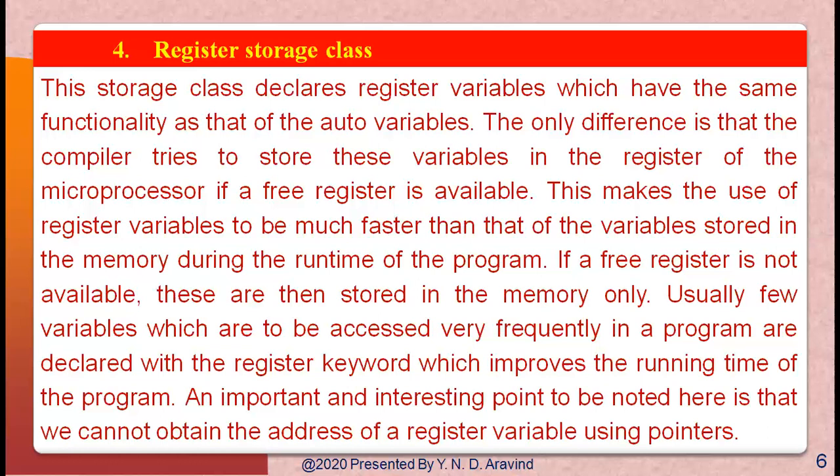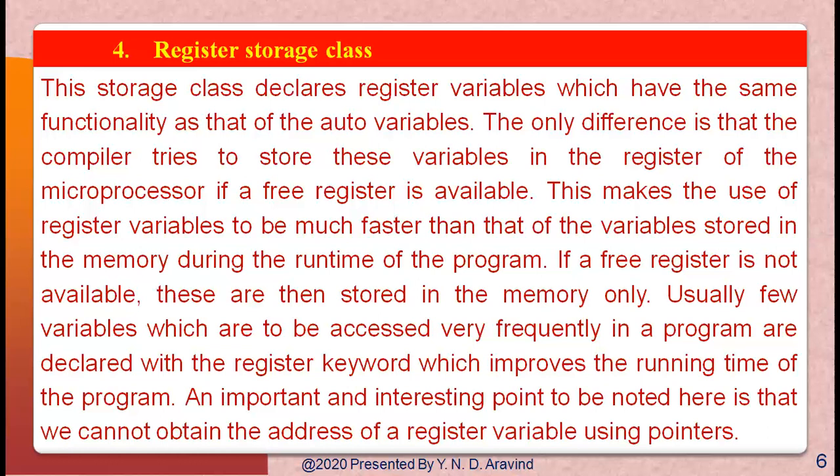But it takes time if the process is to be performed very often. In such situations, we can keep the values in the registers itself so that the memory movement will be reduced.